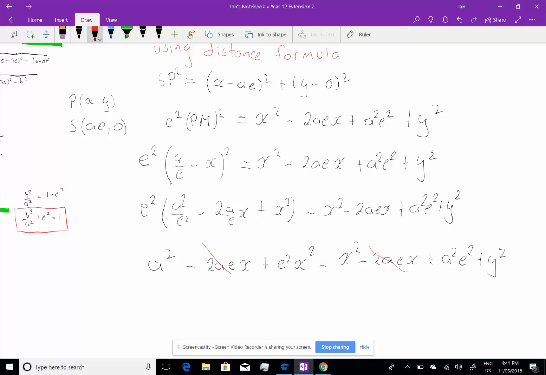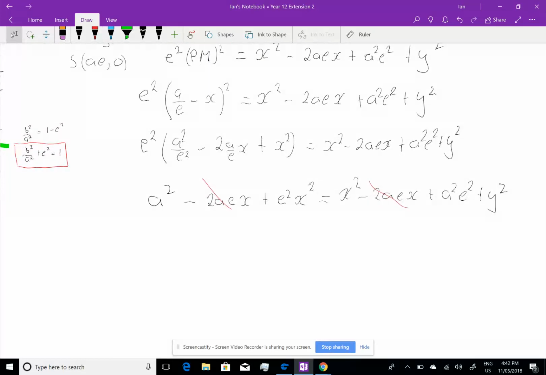Let's take everything with x and y to the left-hand side and everything that's just a constant over to the other side. Or bring all the x's and y's over here. So I'm going to move that over to the other side, and I'm going to move that back to the other side. So I'm going to get here a squared minus a squared e squared, and on this side I'm going to get x squared minus e squared x squared plus my y squared.